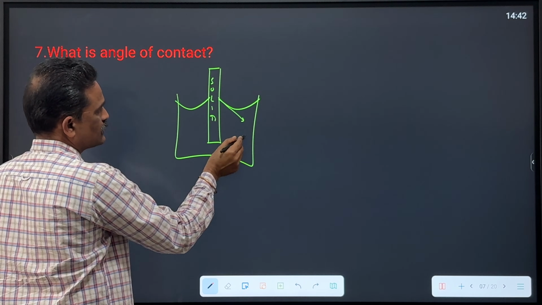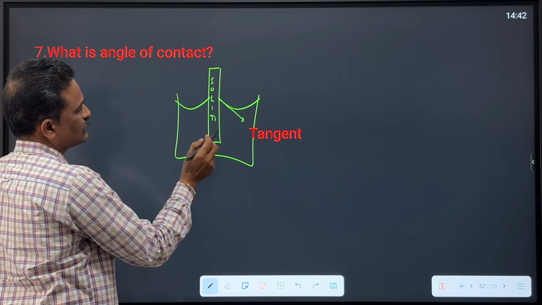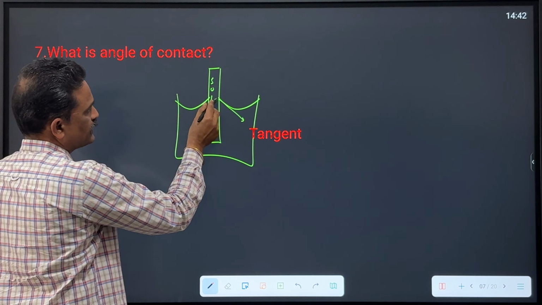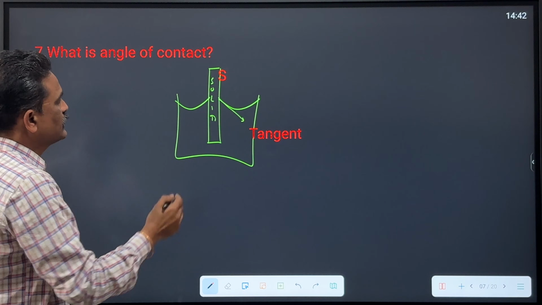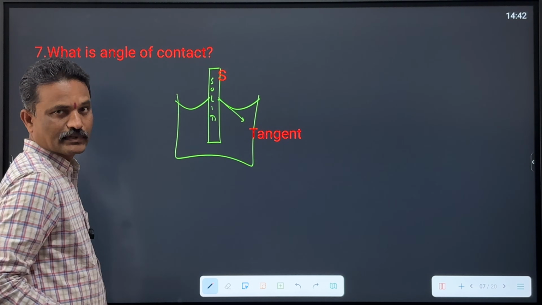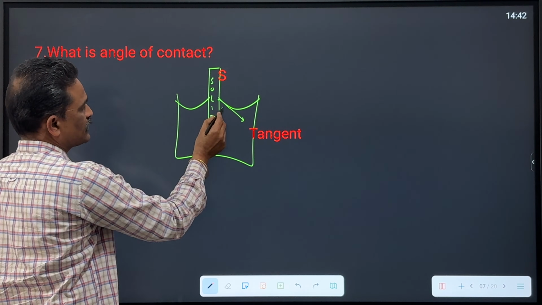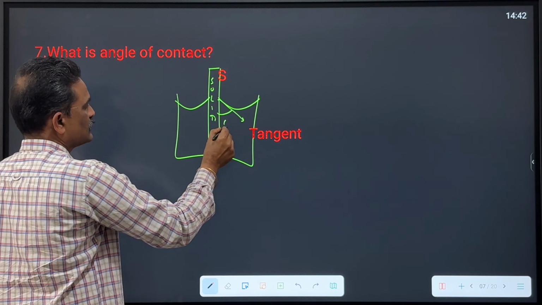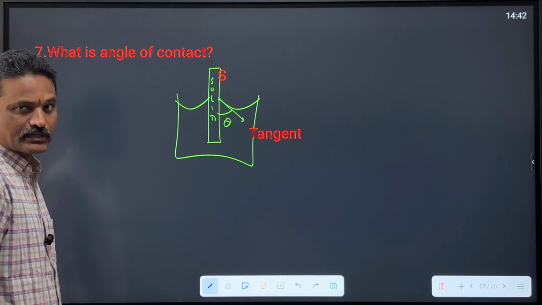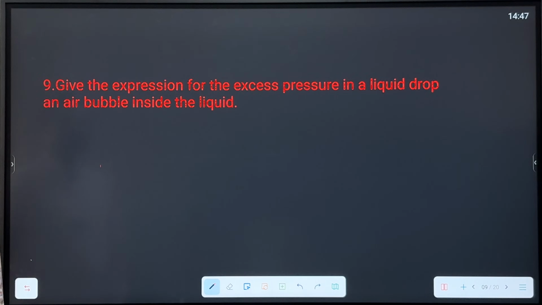I draw a tangent, at the point of contact of both liquid and solid. So here they are meeting each other. The angle between the tangent drawn at the contact point of both liquid and solid and the solid surface is called angle of contact. You should draw the tangent within the liquid.